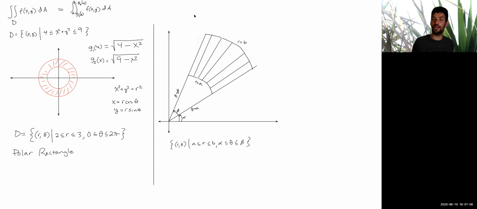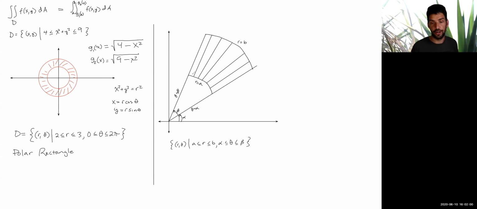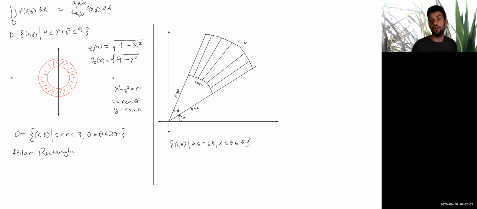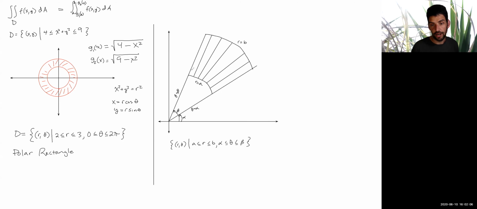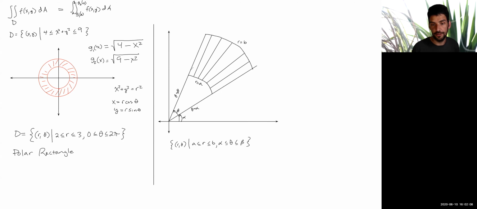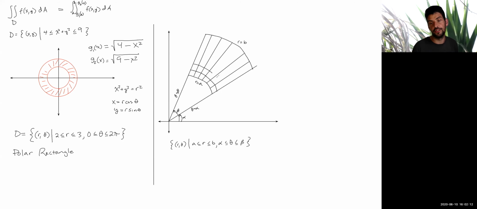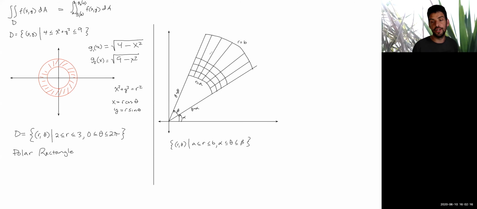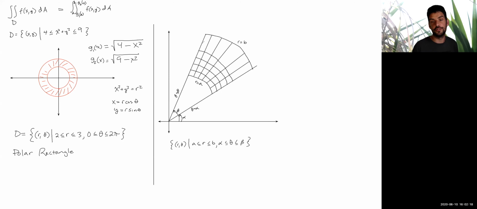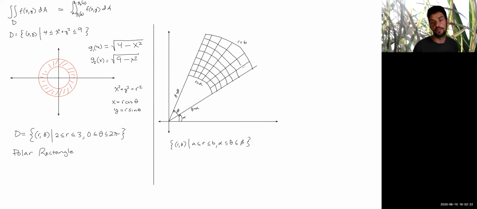This is like chopping up our rectangle into little squares. We divide along theta, so each of these represents a different angle, and each of these will represent a different radius. So I'm chopping up the intervals into these little squares.